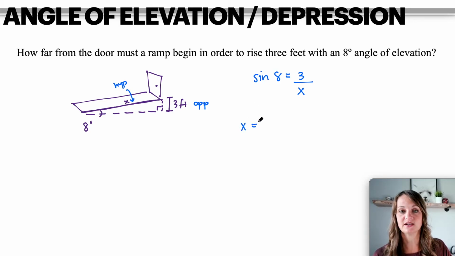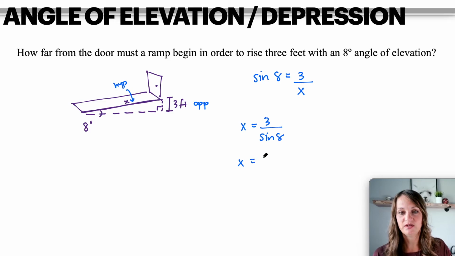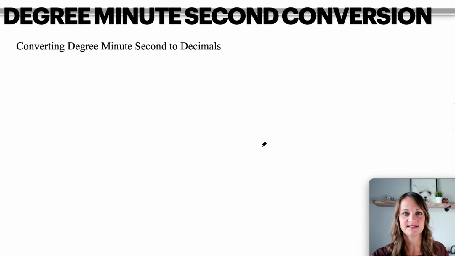So x is actually going to be on the left, and sine of 8 is going to replace it in the denominator. So in your calculator, you're just going to hit 3 divided by sine of 8. And you will get 21.6 feet. So the ramp needs to start 21.6 feet away from the door in order to be able to rise 3 feet at 8 degrees.